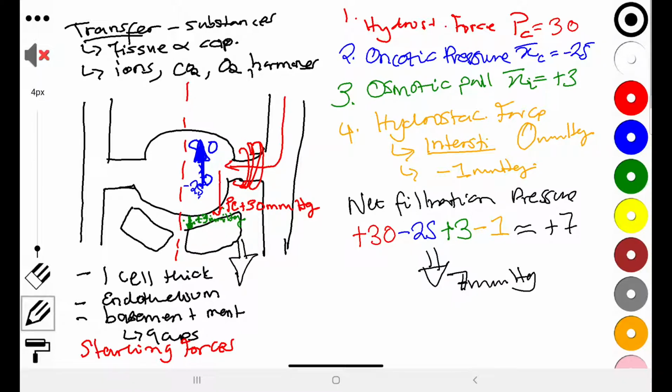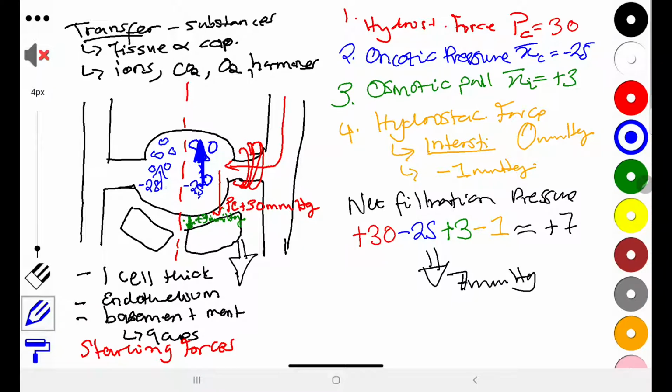First of all, you have the same amount of proteins that are there, but because on this side there's less water, the concentration of these proteins would have gone up, and therefore you're going to have the protein pool increase to about negative 28.